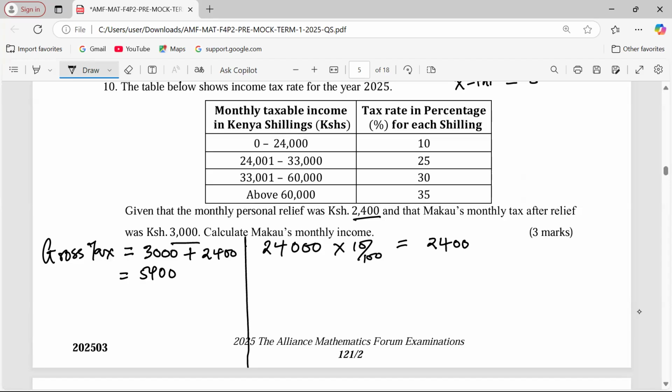In the second bracket, we have to take 33,000 and we subtract 24,000. That will be 9,000. Is that right? Yeah, 9,000. At the rate of 25, sorry. The rate now is 25%. So you're supposed to be very careful.